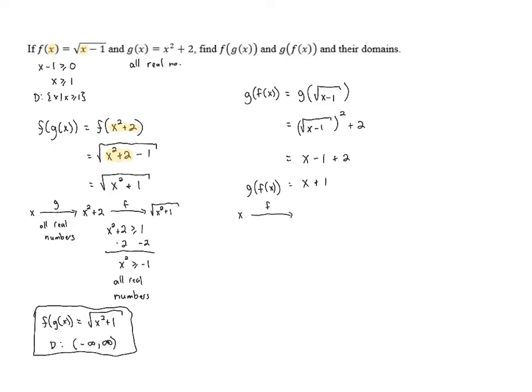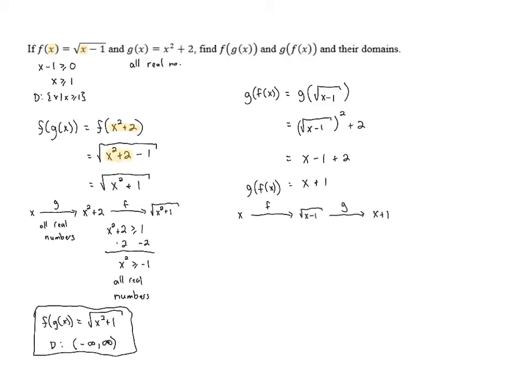So let's look here. First we start with x, and then f acts upon it to give us the square root of x minus 1. And then afterwards we put that through g, and then when we take the square root of x minus 1 and square it and add 2, we end up with x plus 1 as our final output.